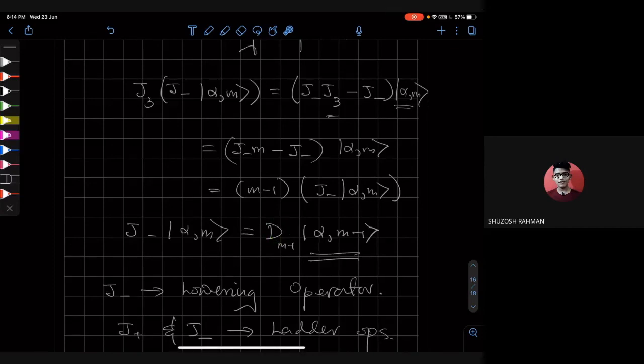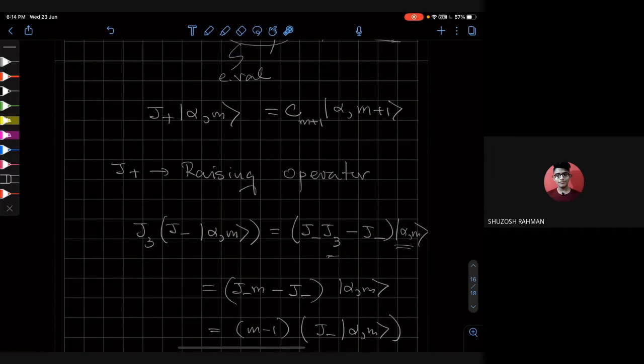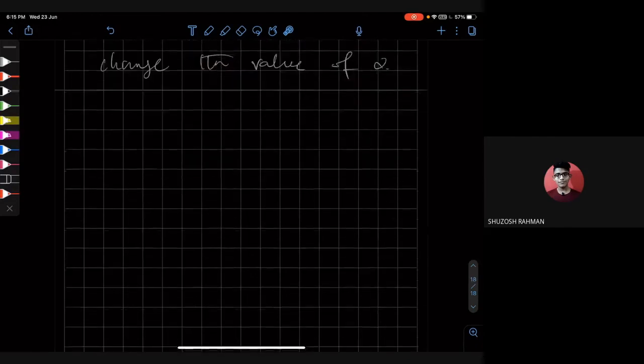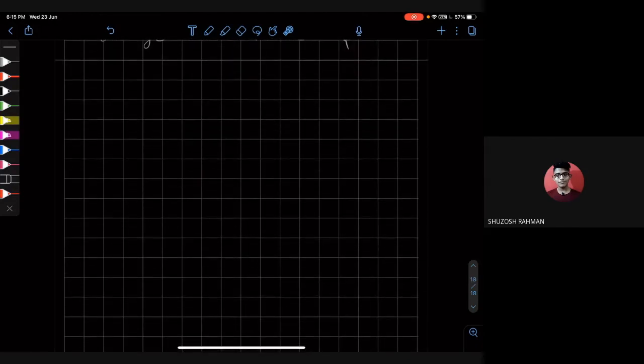Okay, we will find the explicit values of C and D. That's what we're going to do next. All right, how do we do this? Well, let's evaluate this bracket: alpha m plus 1, bra, j plus, alpha of m.